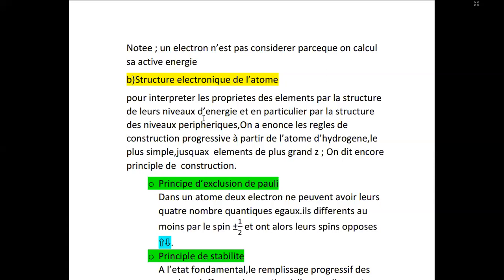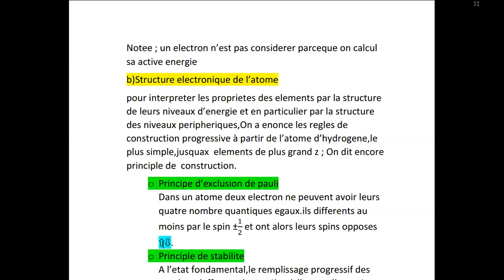So what do you consider if we are writing the structure électronique de l'atome? What do we consider? It can be the electron configuration, the number of shells, the case quantique, meaning each room, how many electrons must it have?